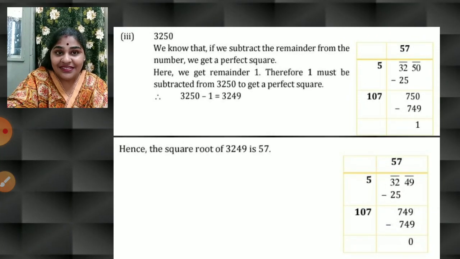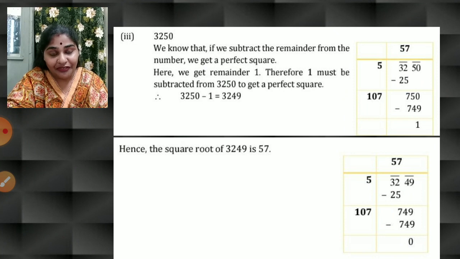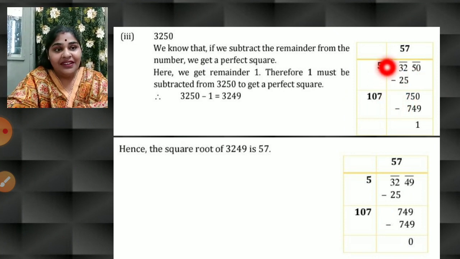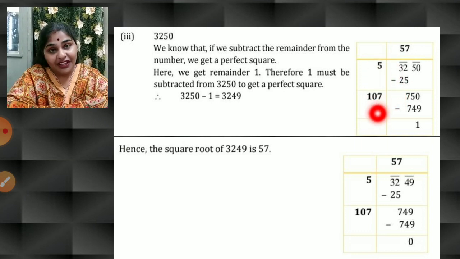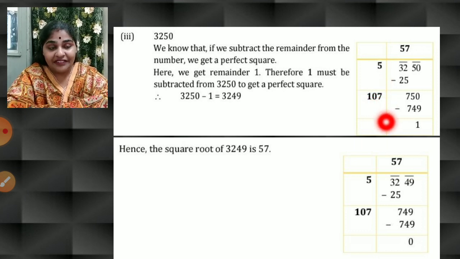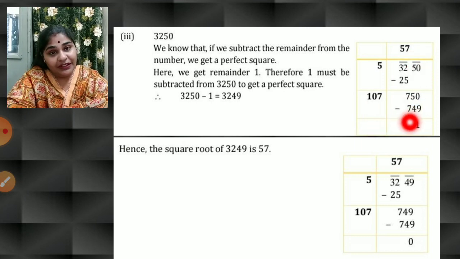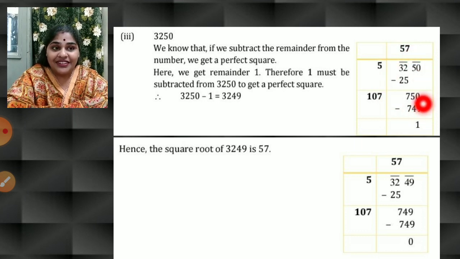Now once again, this is the third one. The number is 3250. So again children, the steps are the same. Again I am repeating. Here you will write whatever method I have shown, that is 5 plus 5, 10, and 107 plus 7, whatever comes here. So this is how you are going to copy in your notebook. Here again we will first do the division method. The remainder is 1.